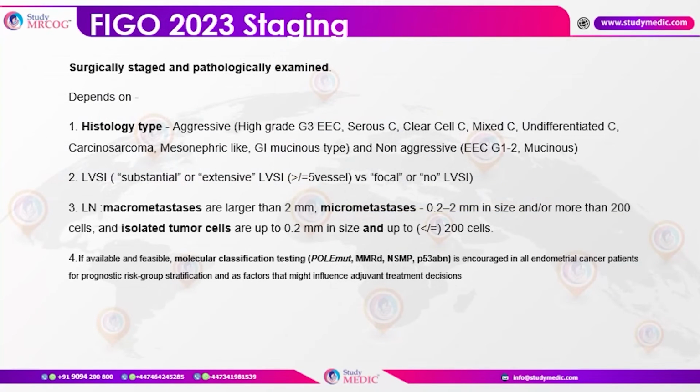If available, the FIGO guidelines do advocate doing routine molecular testing to test for POLE mutations, MMRD status, and the P53 abnormality. Because there have been many advances in targeted therapy which can be used in such endometrial cancers.